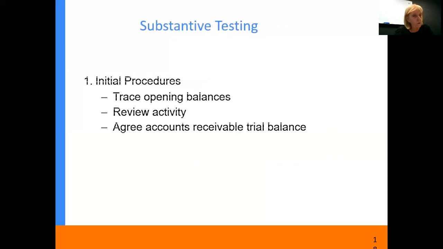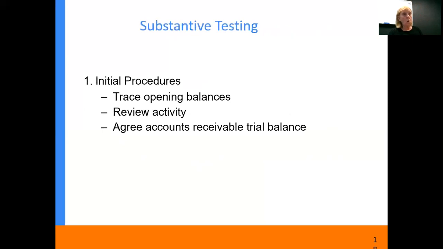Now, when I'm doing my substantive tests, before I really start specific tests, I'm going to carry out some what we call initial procedures. And that is to make sure I'm starting with the right opening balances. We can't assume that the opening balances are correct. We've got to audit the opening balances too.